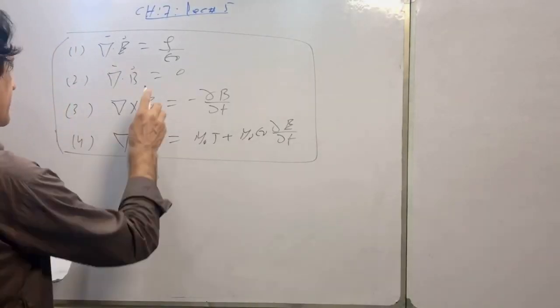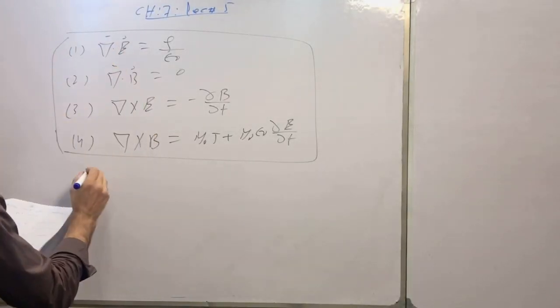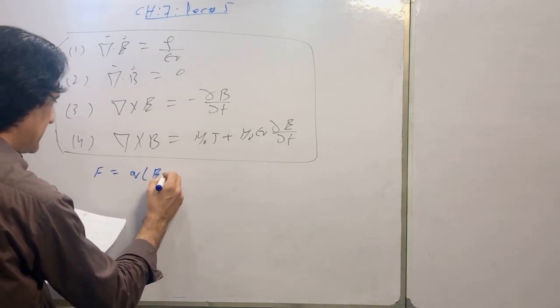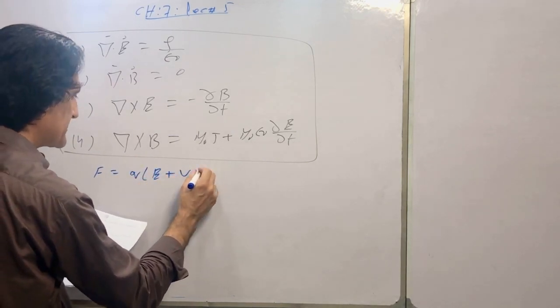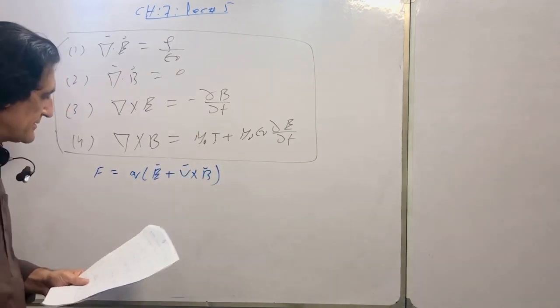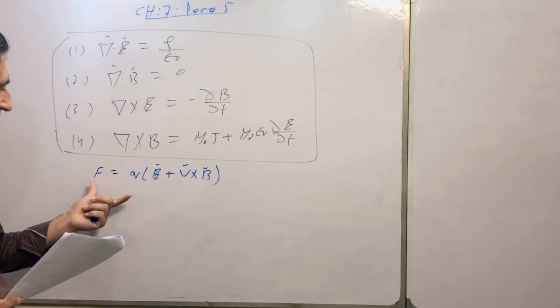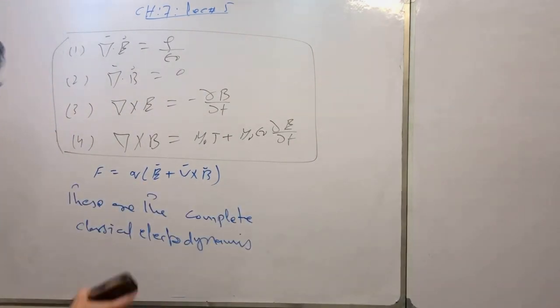These four equations and F equal to Q times E plus V cross B, these five equations give us the complete set of classical electrodynamics.